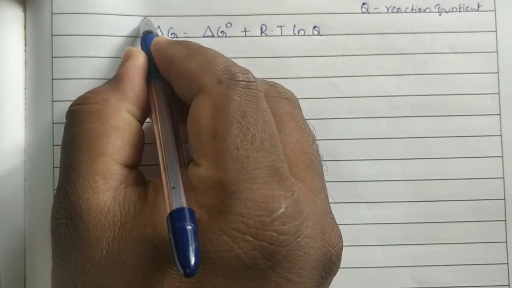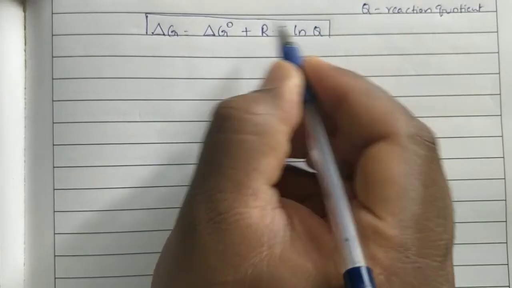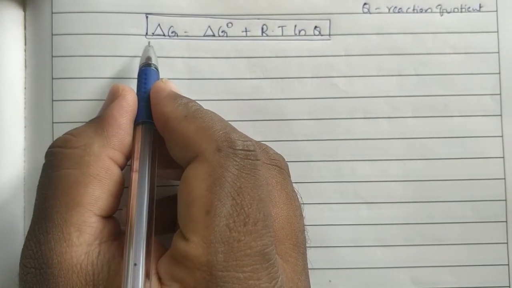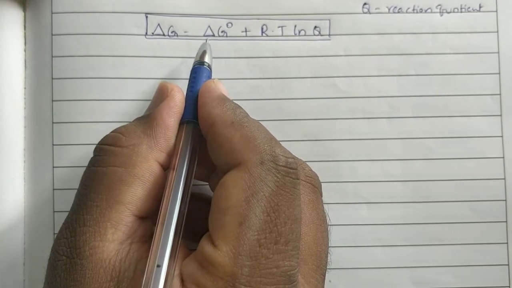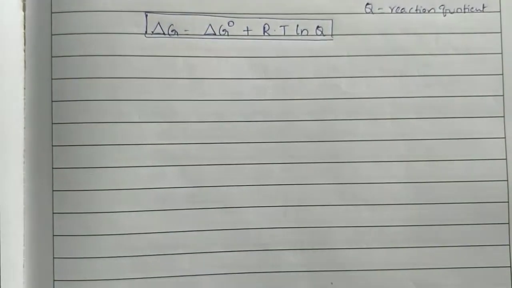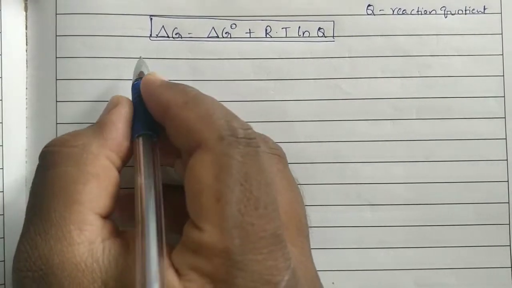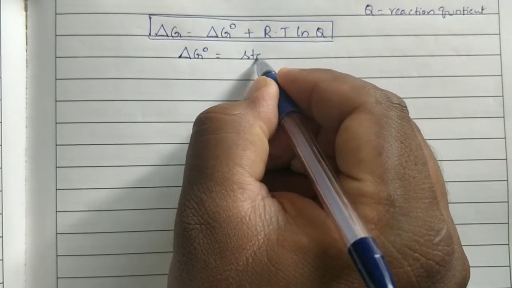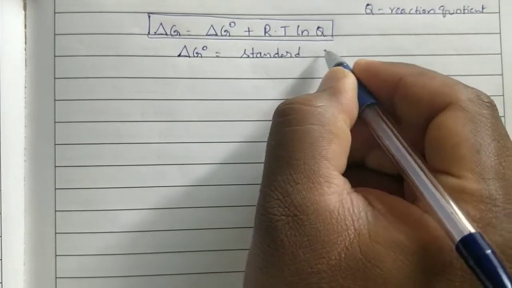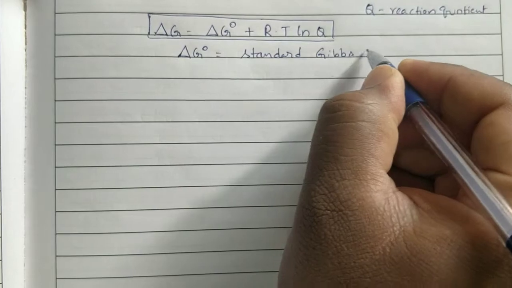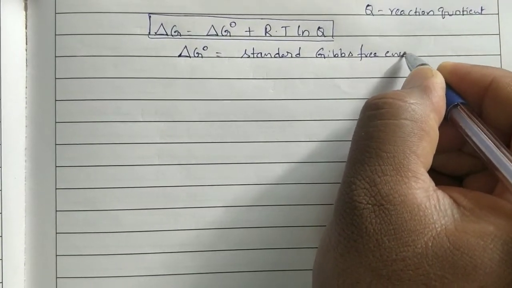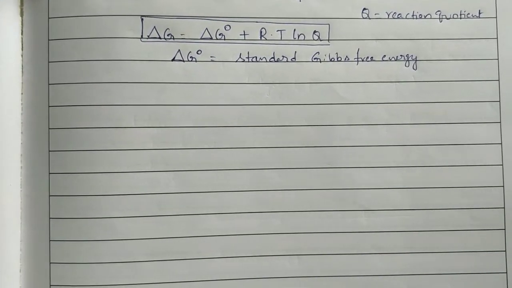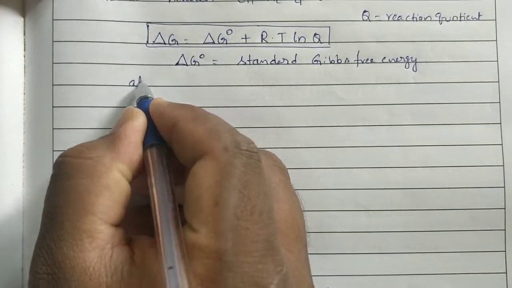This is our basic relation, where delta G is called Gibbs free energy, and delta G naught is called standard Gibbs free energy.